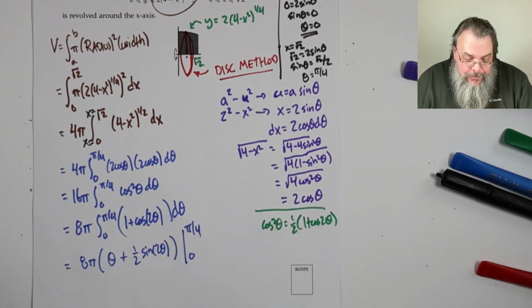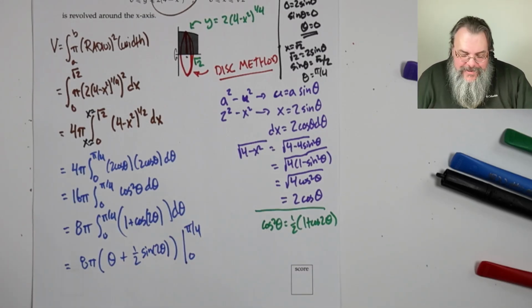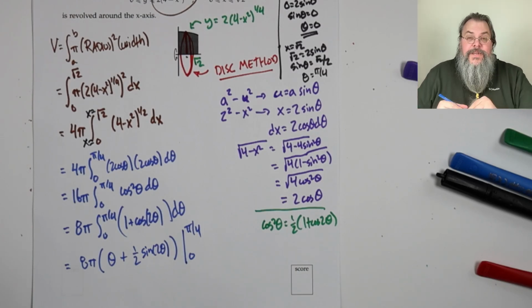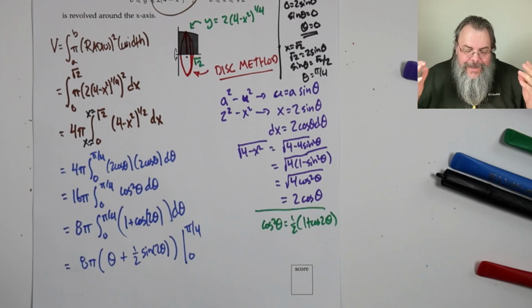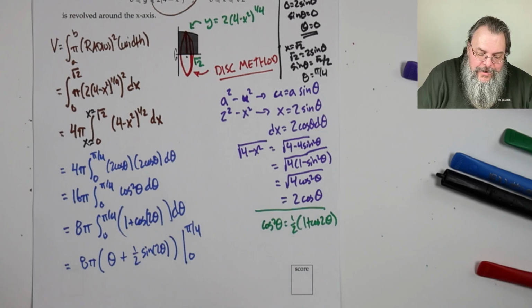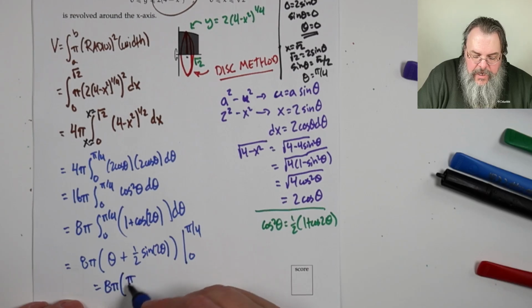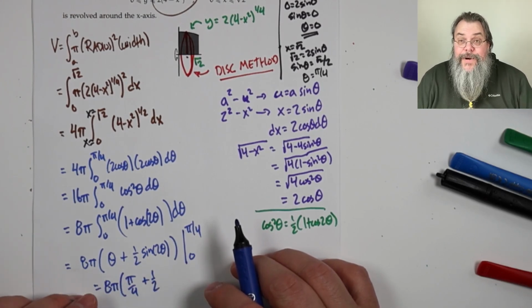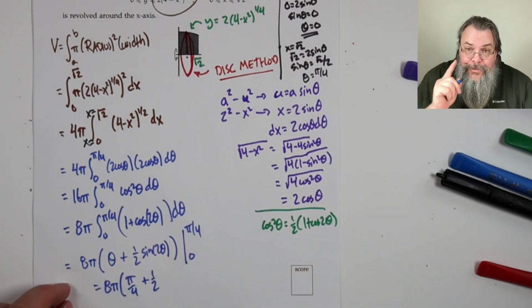Now, plug in 0. We get 0. Nice! It's always good when the 0 term vanishes. You've got to check, sometimes it doesn't, but when it does, celebrate. Okay, plug in pi over 4. We have 8 pi times pi over 4 plus 1/2. 2 times pi over 4 is pi over 2, and sine of pi over 2 is 1.